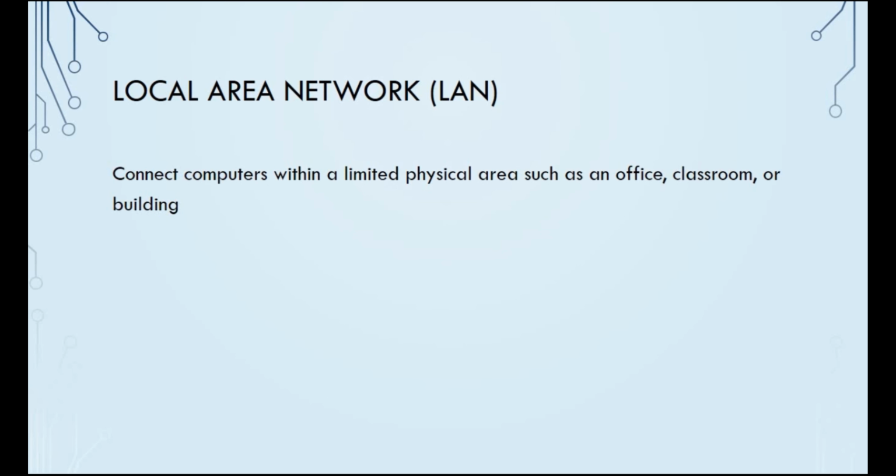Local area network or LAN. It connects computers within a limited physical area such as an office, classroom, or building. Each computer has access to the resources of other nodes available within the LAN. It allows the users to share hardware and software resources through the LAN.